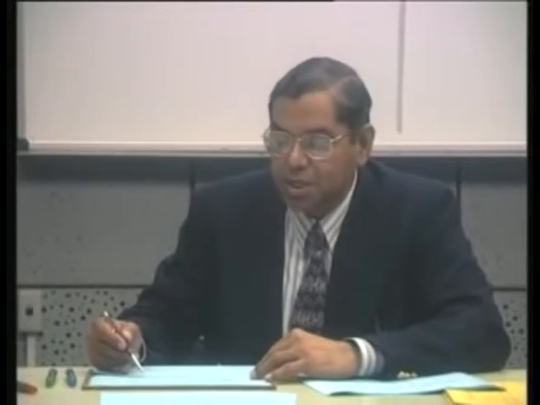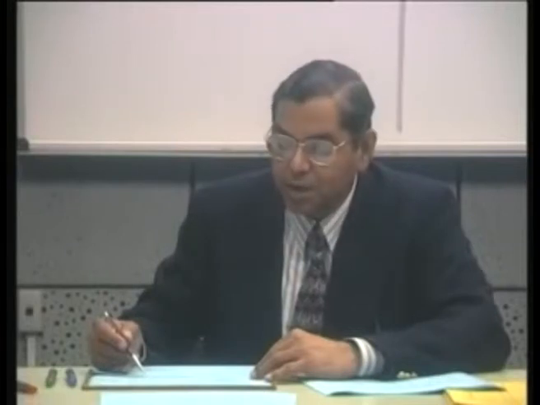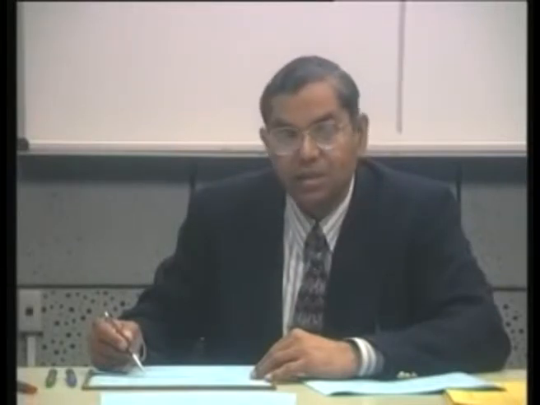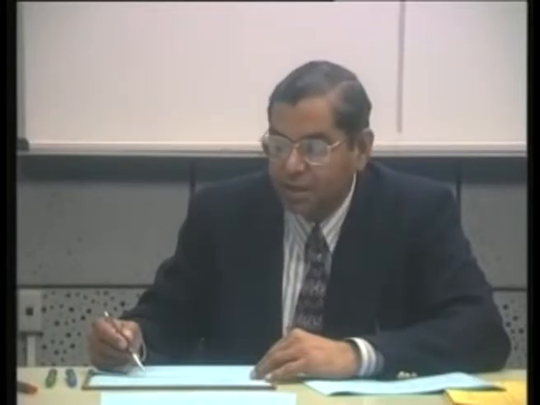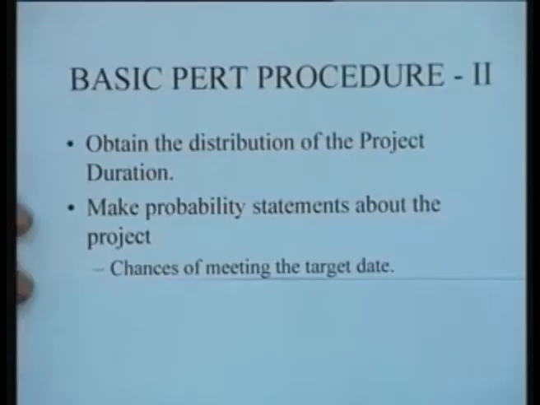Suppose he has negotiated a project whose target date is, let us say, 3 months from now. And in all projects there are uncertainties in activity times. So he would be concerned about finding out what are the chances of meeting the target date of 3 months that he had originally negotiated. Because if he doesn't meet the target date, then there are likely to be penalties maybe. So he should be concerned about those things.